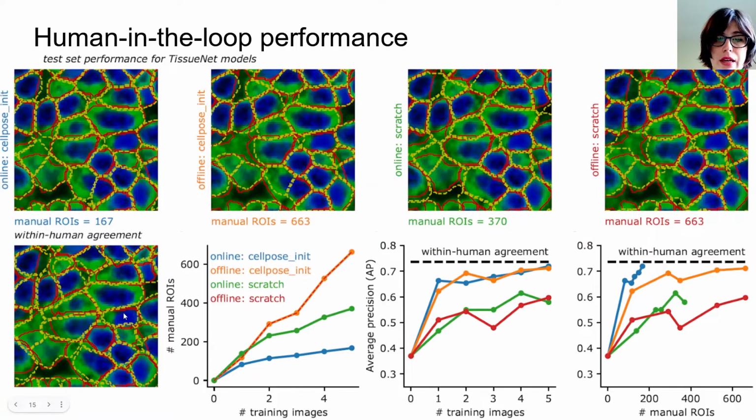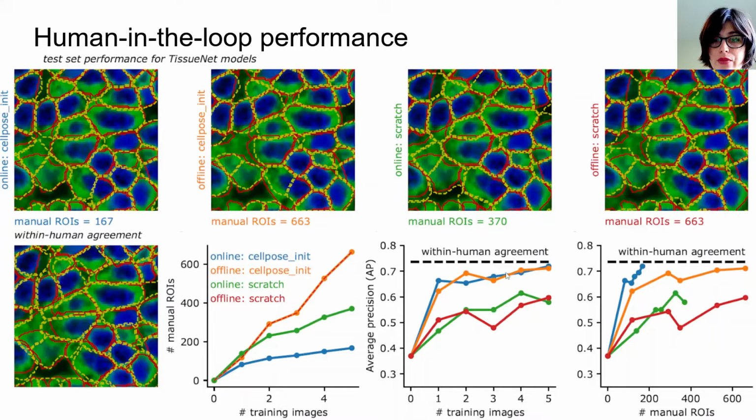And what you'll see is that as you have more training images, we need the fewest number of manual ROIs drawn when we do it online, starting from the Cellpose model. That's what this graph shows. Less than with online scratch, and then these 2 curves are the offline training where you have to draw all the ROIs. What we found was that the accuracy was similar for the model trained in the loop versus offline.